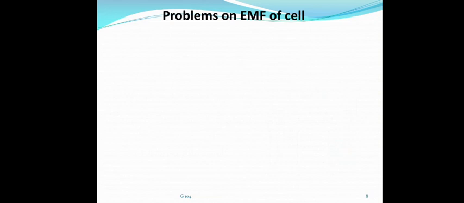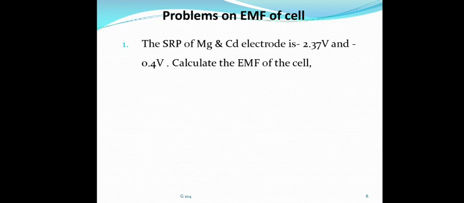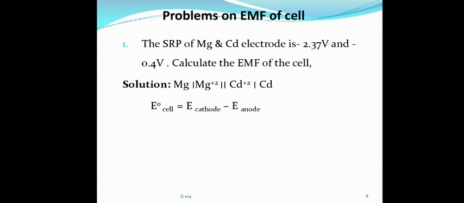So, some problems on EMF of a cell. The standard reduction potentials of magnesium and cadmium electrodes are minus 2.37 volts and minus 0.4 volts. Calculate the EMF. Among magnesium and cadmium, magnesium is anode and cadmium is cathode. So what is the formula? E cell is equal to E cathode minus E anode.